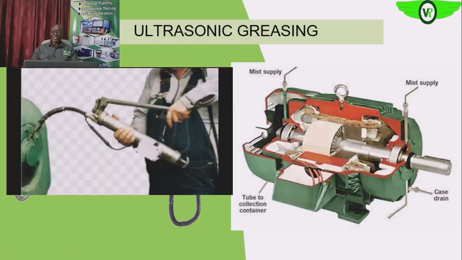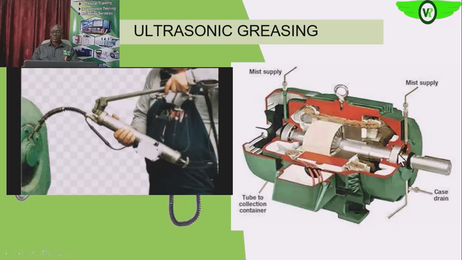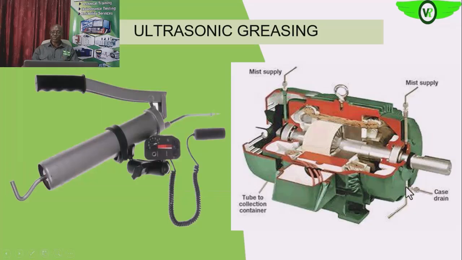And as you are doing that, when the housing is filled, the excess grease will be coming out. Since you are pressuring from up, all the old grease that you have here before will be forced through. Since you open this drain, it will be forced out of the bearing housing.